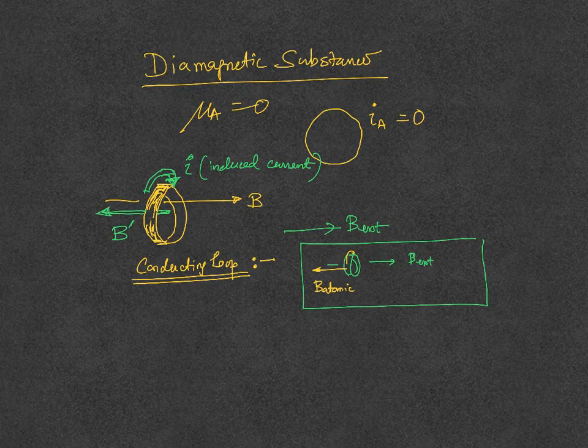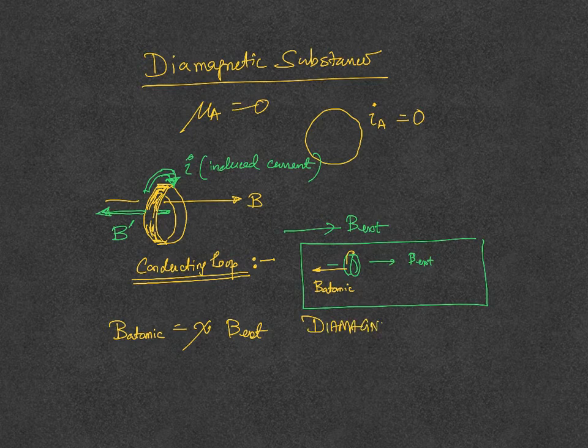Now this diamagnetic behavior happens as there are paired electrons, so the resultant magnetic moment of such atoms is zero. If you keep it in a field, we can write B atomic is equal to susceptibility multiplied by B external. For a diamagnetic substance, susceptibility is negative. It's a small negative number. For example, nitrogen is diamagnetic.